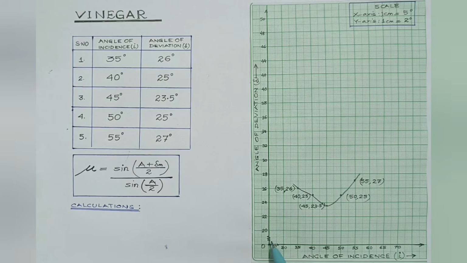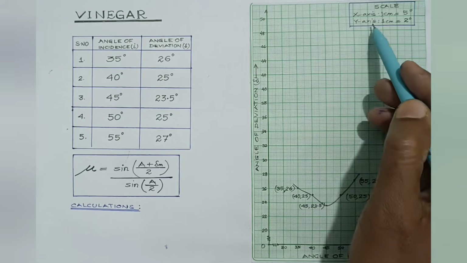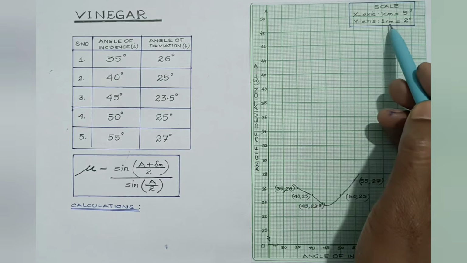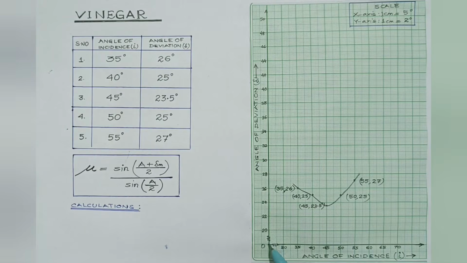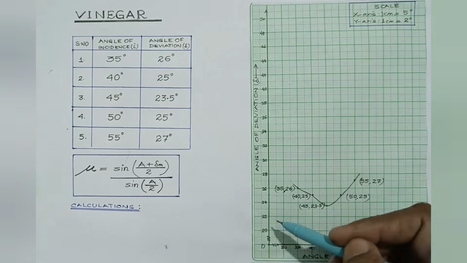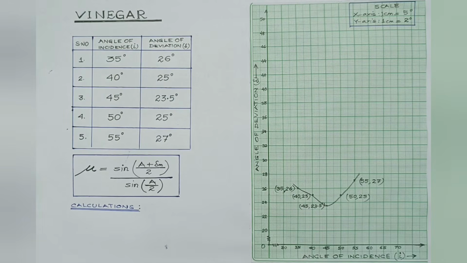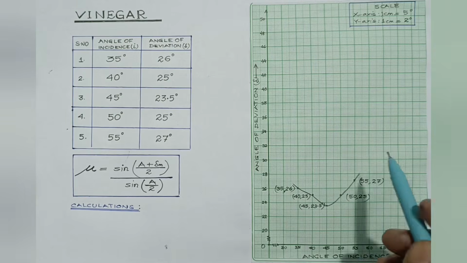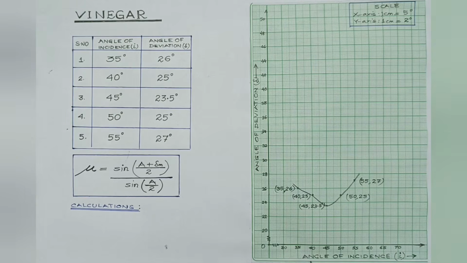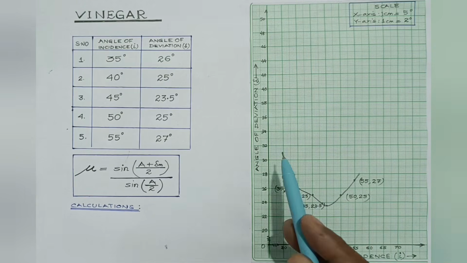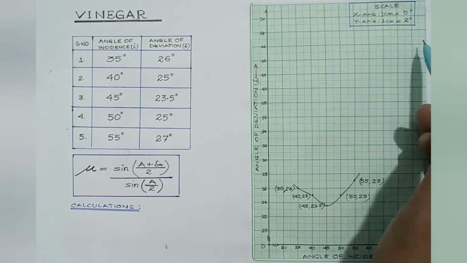This is also a kink along the y-axis. Along the y-axis, students, 1 centimeter, that is one box, represents 2 degrees. So that is 20, 22, 24, 26, 28, 30 and so on. So while plotting a graph, mention the physical quantity which you are representing along the x and y directions, and also don't forget to mention the scale, right?